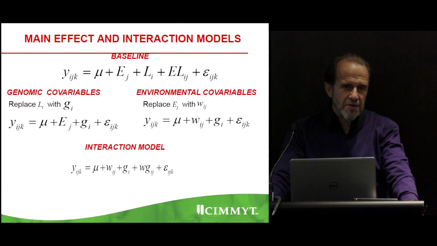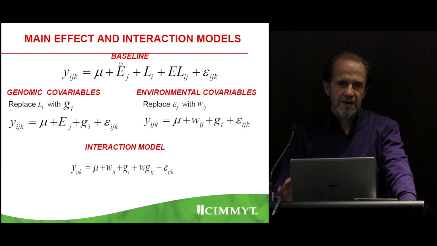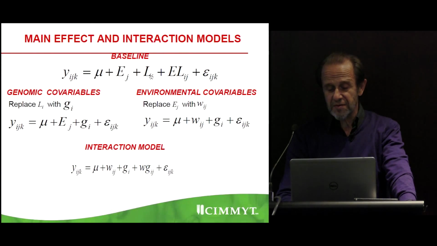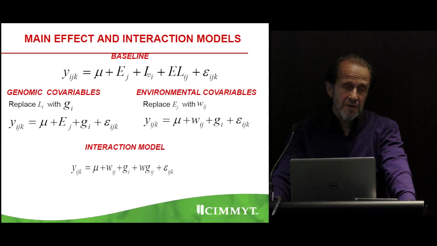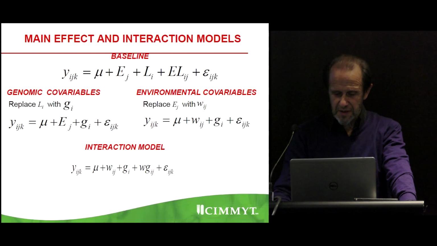But we haven't been able to explain much. The environmental covariables have not been able to explain as much of the environment as we have with the genomics or the pedigree. Maybe we need to synchronize more, but we don't know. We need to think about it.